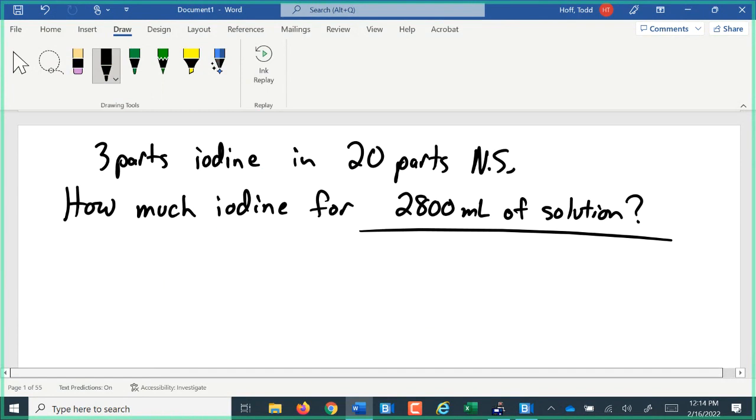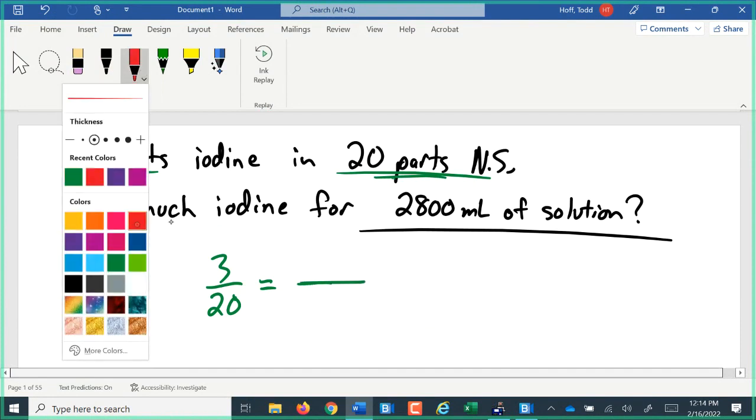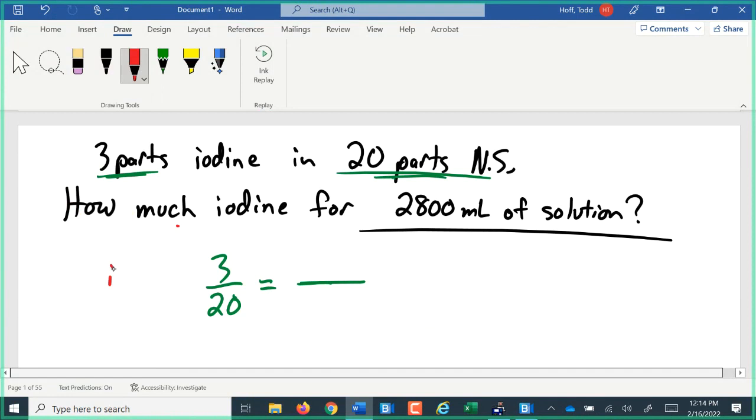bath of some sort. So we have our 3 to 20 is a ratio. Now there's no units there because this is comparing 3 parts to 20 parts. So the same label, same units, so this is a ratio. No units involved. But we do need to note 3 is describing the iodine, and the 20 is describing the neutral solution, the sterile water, or normal saline.